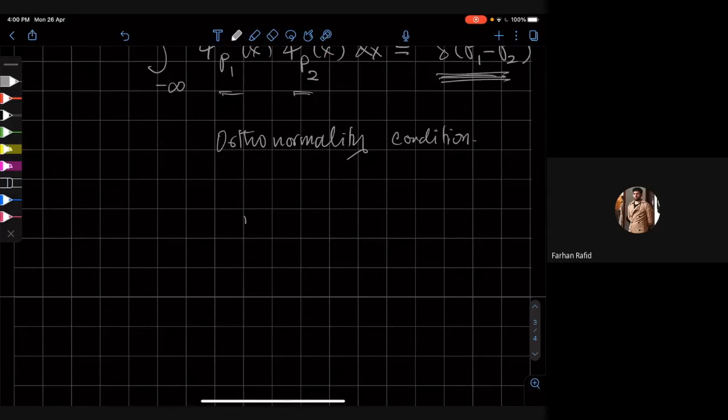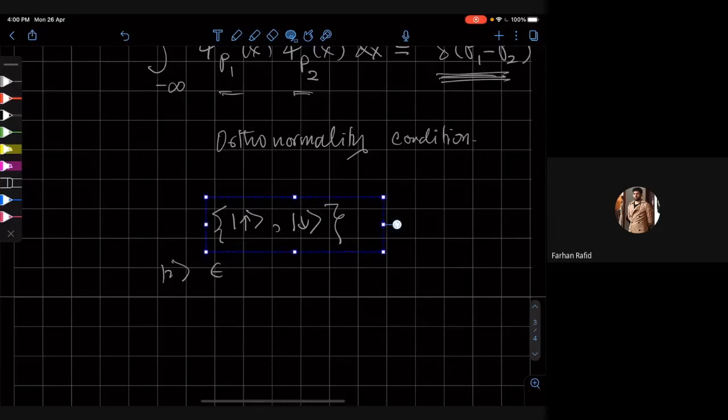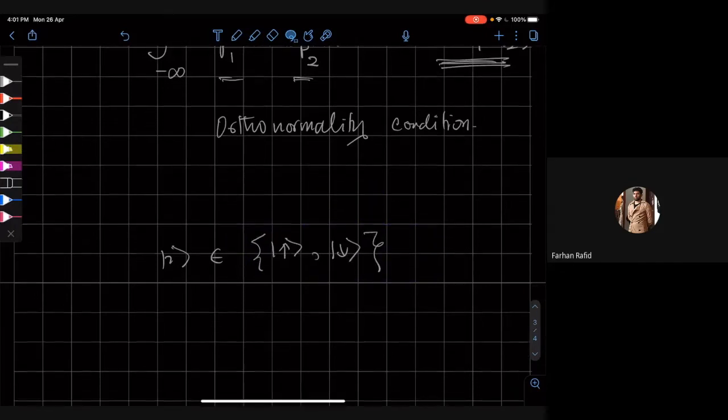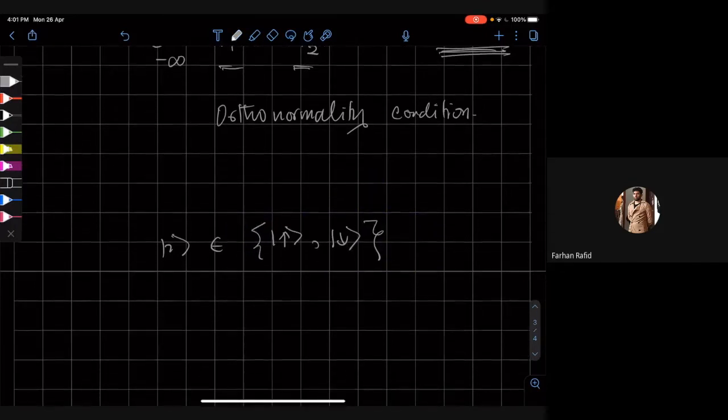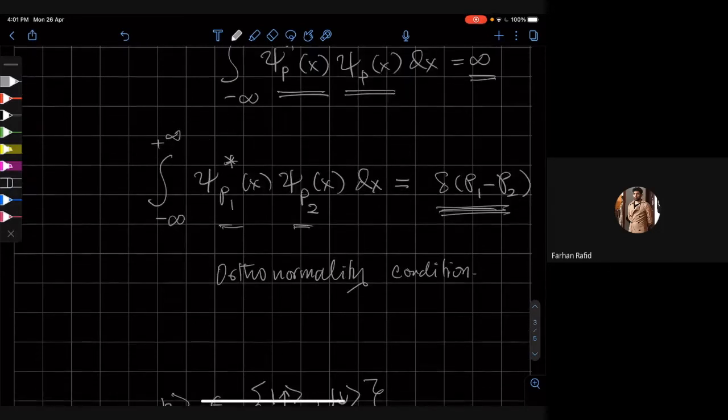In the finite dimensional case, if I take these as my basis vectors for the two-dimensional case, and let i be one of these vectors, and j another, then what we can show very easily is that if I take the inner product of i with j, you get nothing but the Kronecker delta ij, right? And what this is doing is generalizing that to the continuous case.